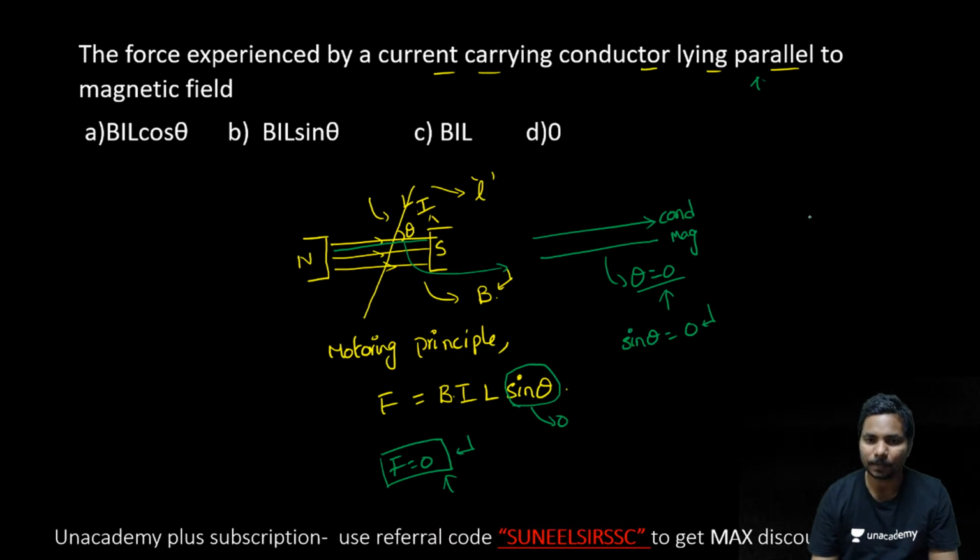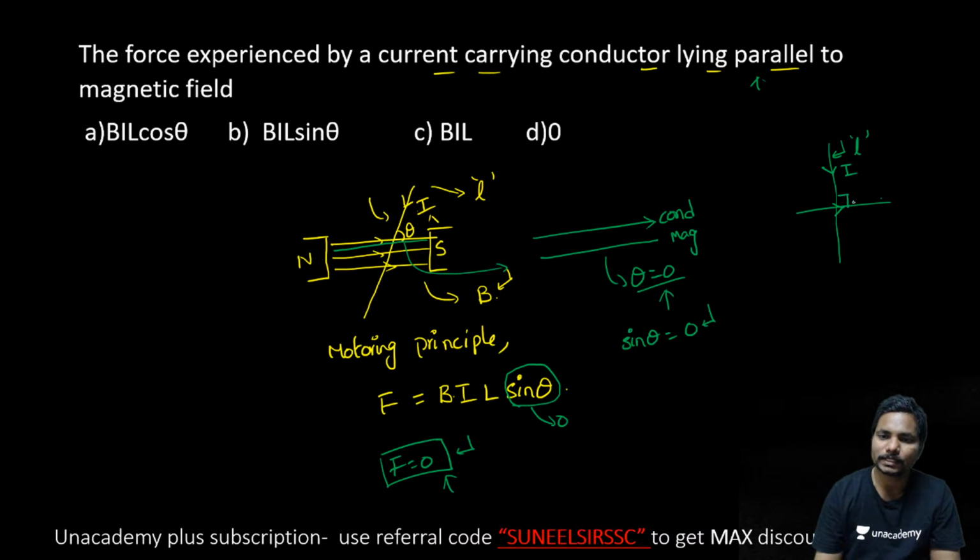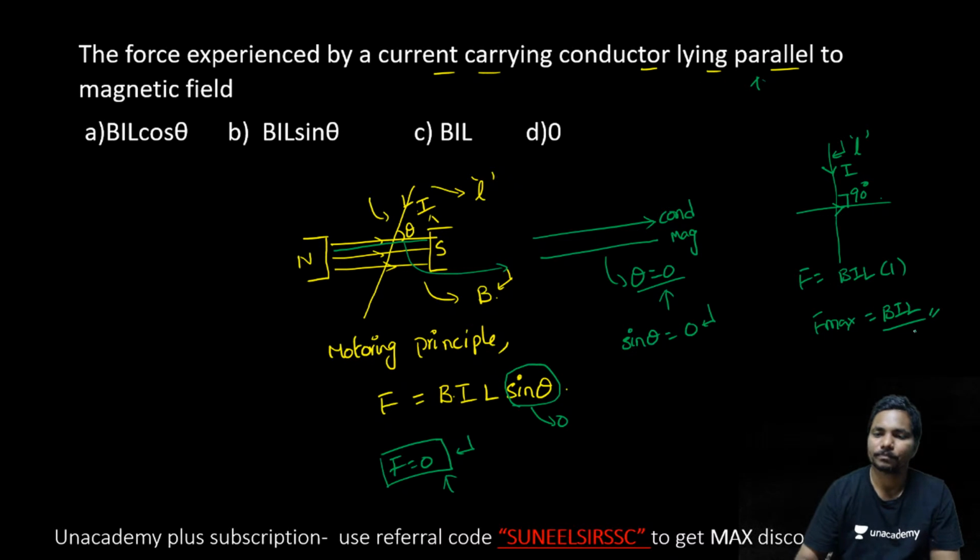If you place it perpendicular, for example this is the magnetic field direction and this is your conductor of length L carrying current, now what is the angle? 90 degrees. Then F is equal to BIL, since sin 90 is equal to 1, so you are getting the maximum force, BIL.